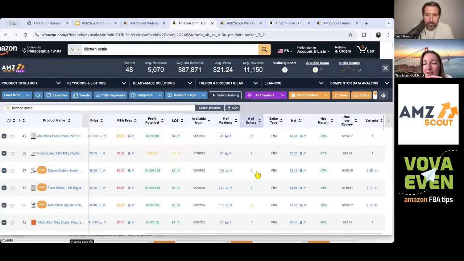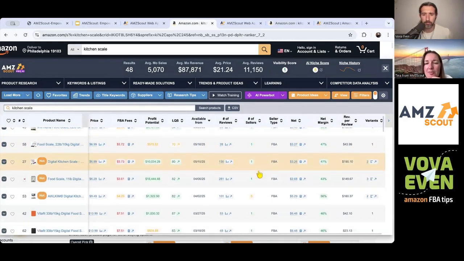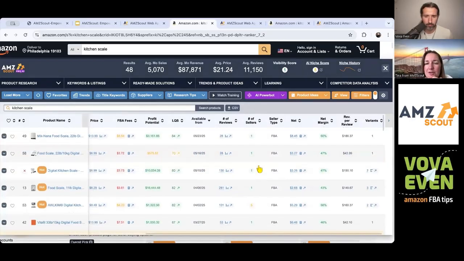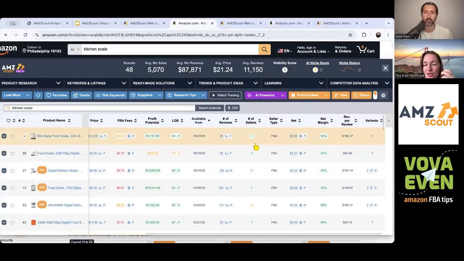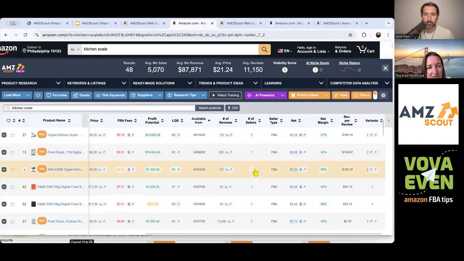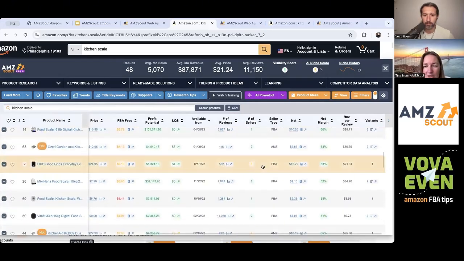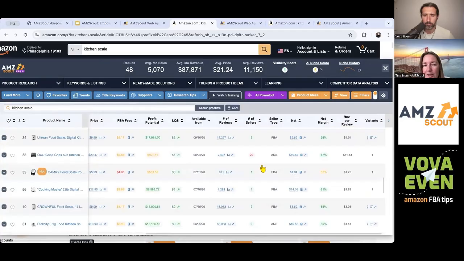Well, the number of sellers, as you see here. So I think this niche is dominated by private label sellers because a lot of products just have one seller, which means that no one can join the listing. Just in this case, it's not a private label. And this case, yeah, is dominated by the private label.